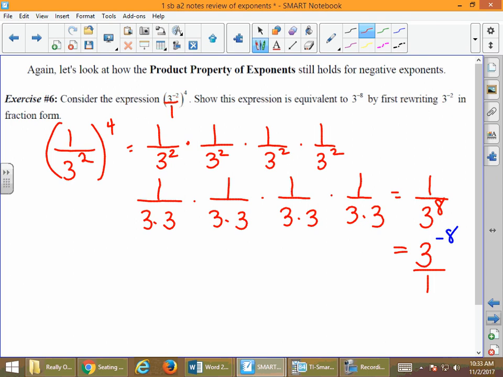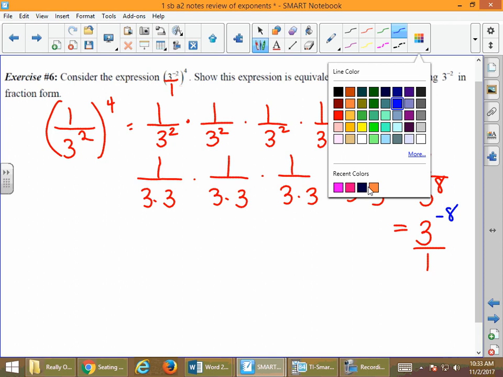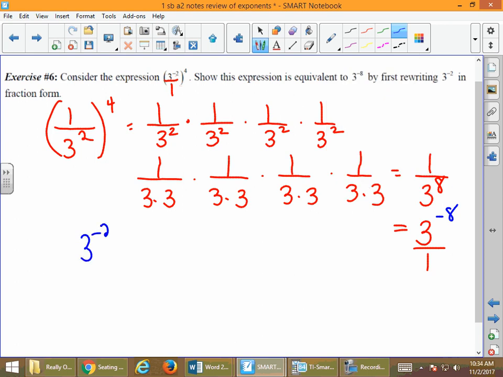And lastly, it says show that this expression is equivalent to 3 to the negative 8. Well, we had 3 to the negative second to the 4th. Remember that we can superpower this, and negative 2 times 4 is negative 8.